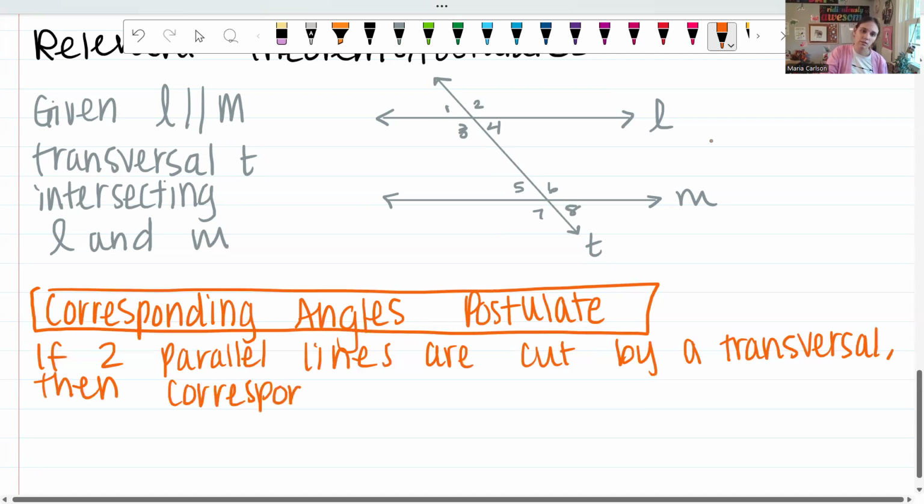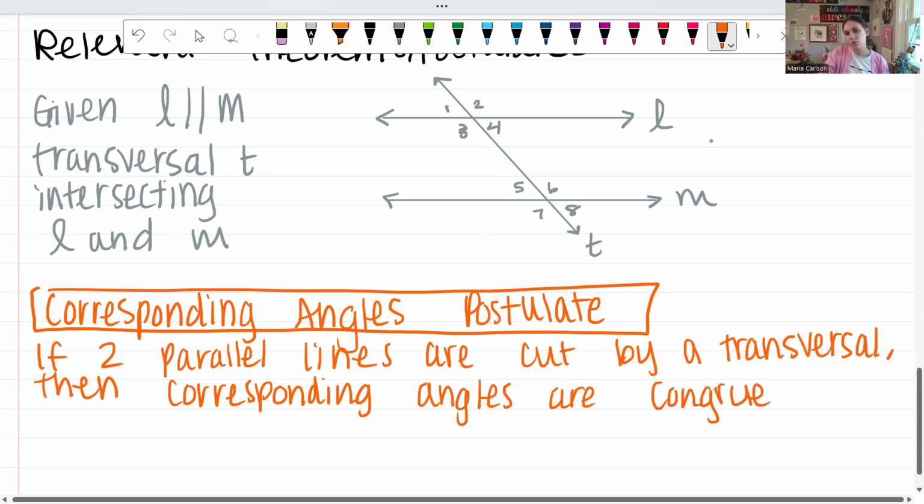Corresponding angles are congruent. And we talked about what these corresponding angles were. They're in the same kind of position. They match up with each other.